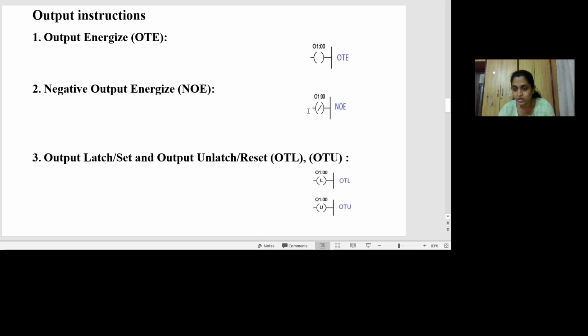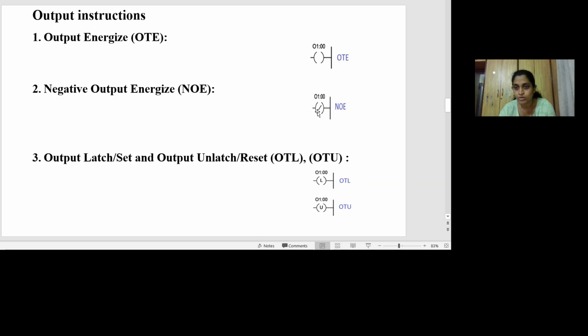Then we have the negative output energize, NOE. Here, when the condition on the left link of the NOE is turned off, then the output is energized. So these two, OTE and NOE, are opposite to each other.